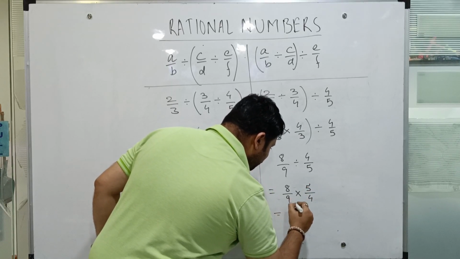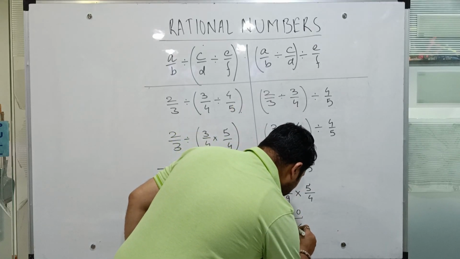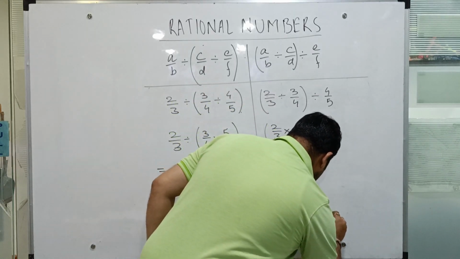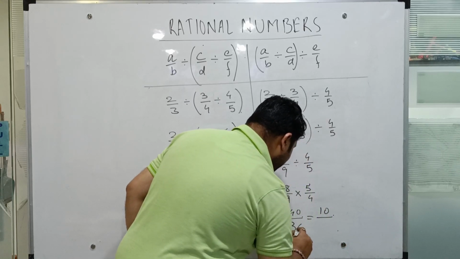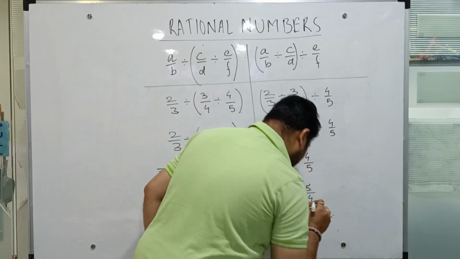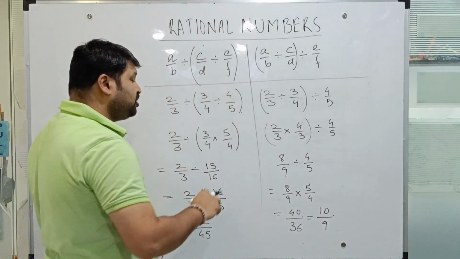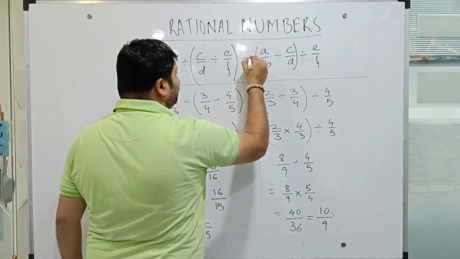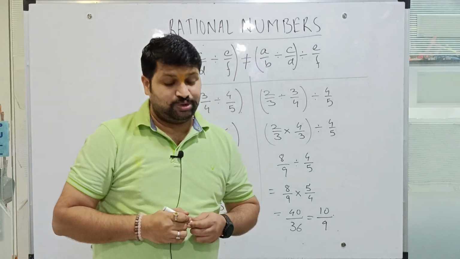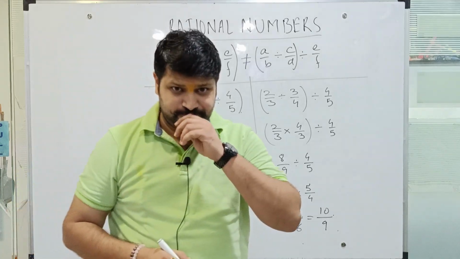So that would be 40 divided by 36, or we can say that it is equal to 10 divided by 9. Now we can clearly see that our right hand side is not equal to our left hand side, which tells that division of rational numbers is not associative.